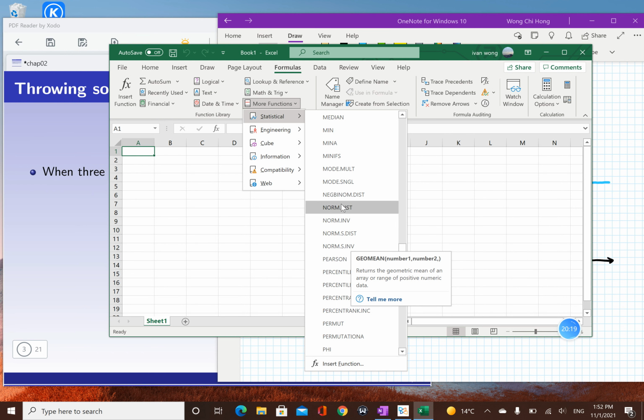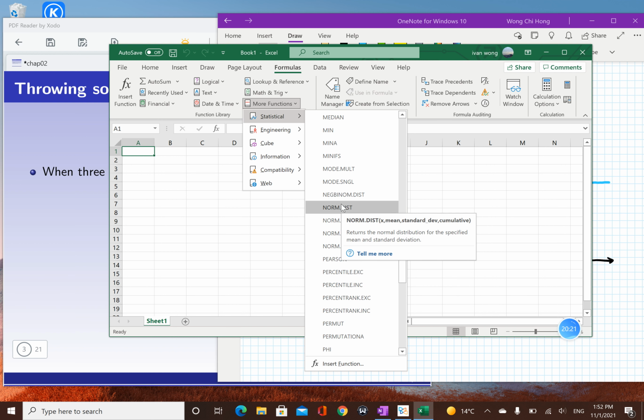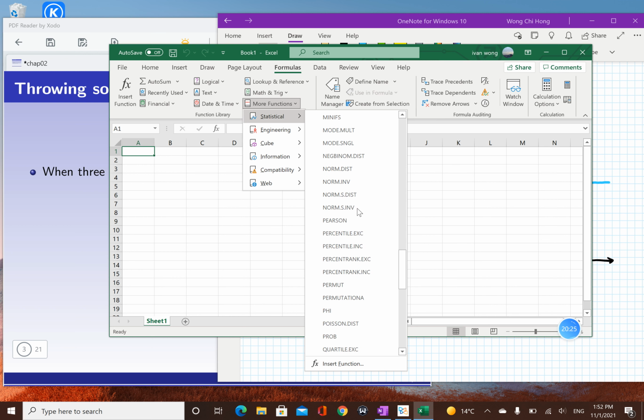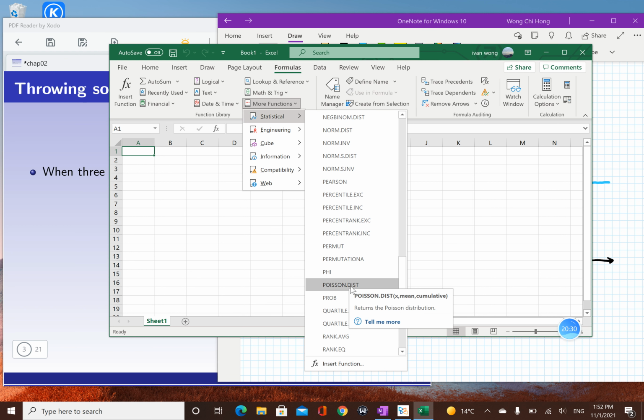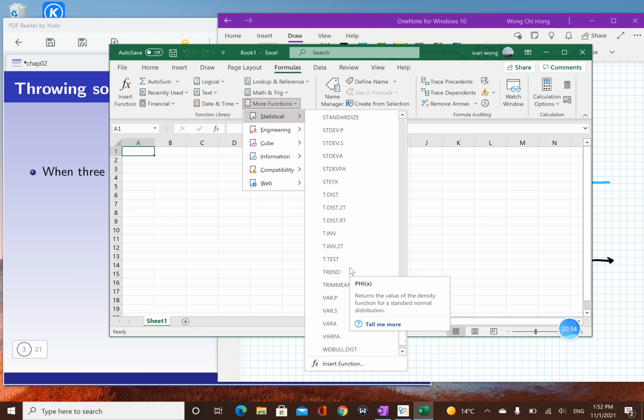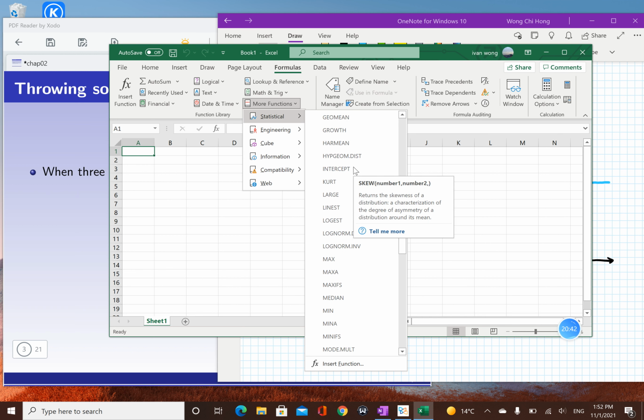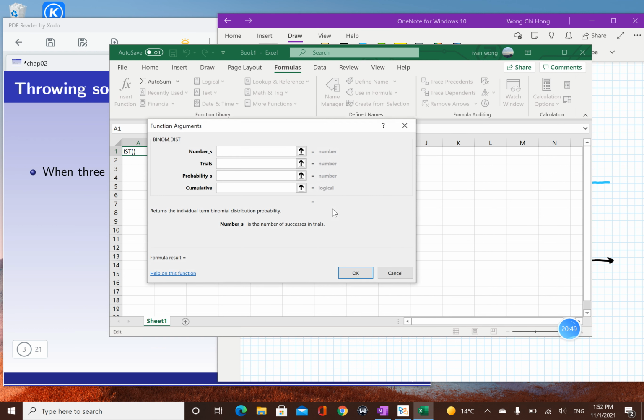We have normal, the one that you have to know, normal distribution. Poisson, another one that we will talk about in a minute. And we've got other things like T distribution and all that, but let's not worry about that for now. Let me just pick out the binomial distribution.